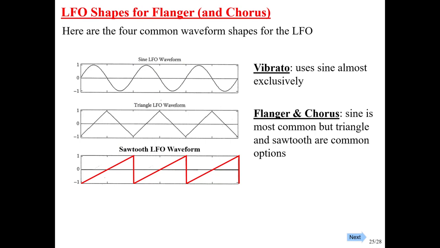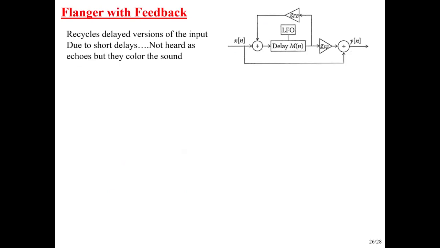So there's the 3 common shapes. So that's a little different than for vibrato. Vibrato almost always uses the sinusoid. So these will change the sound of the flanger, and later we'll see of the chorus. Okay, so that's about all we have to say about the LFO for this.